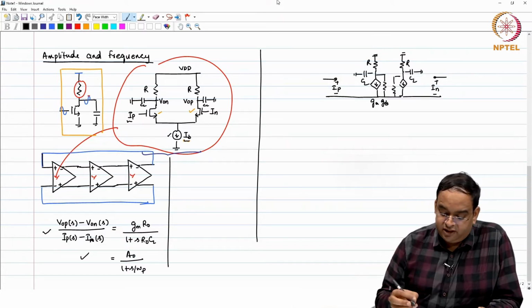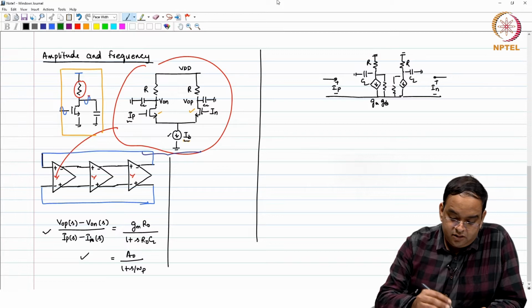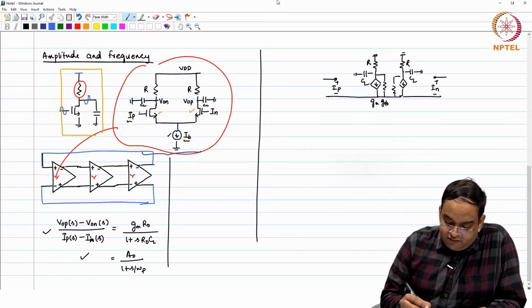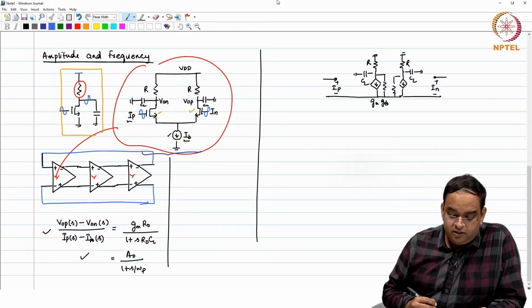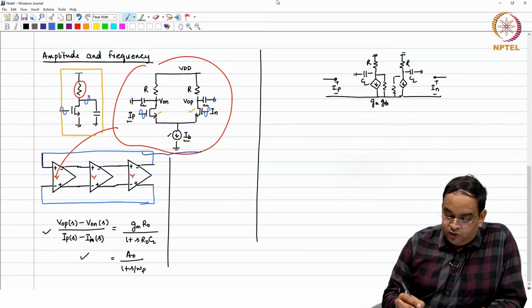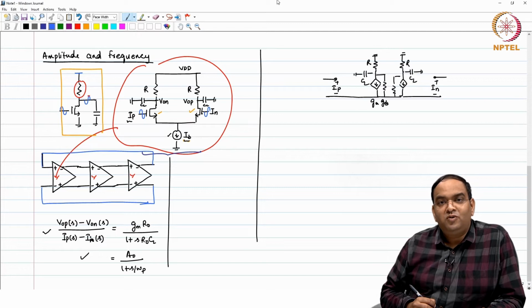Now, we started this because we want to understand how we are going to get a desired swing. So, now look at the circuit, when we are going to have a positive swing here and, this being a differential connection, a negative swing here. This swing is applied at a given common mode voltage.